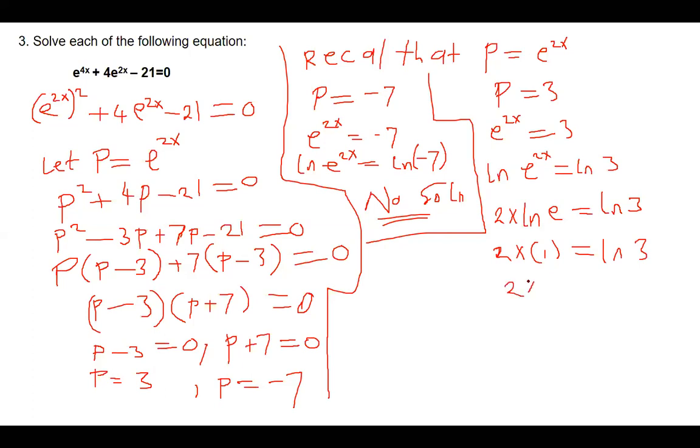So 2x is equal to ln 3, then divide by 2. So our value of x is equal to ln 3 over 2. So this is the solution for this question. This is our answer. So let us now proceed and check the other questions.